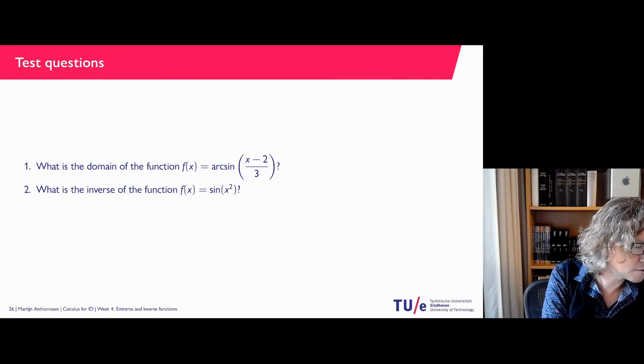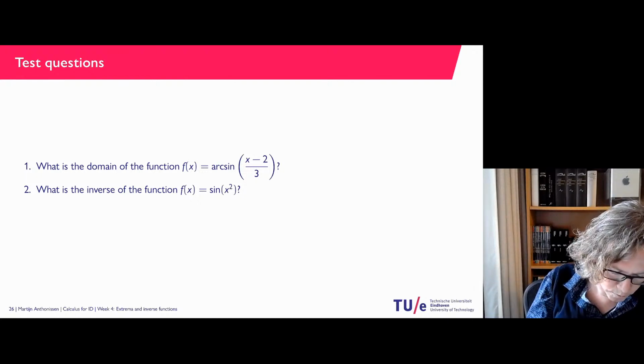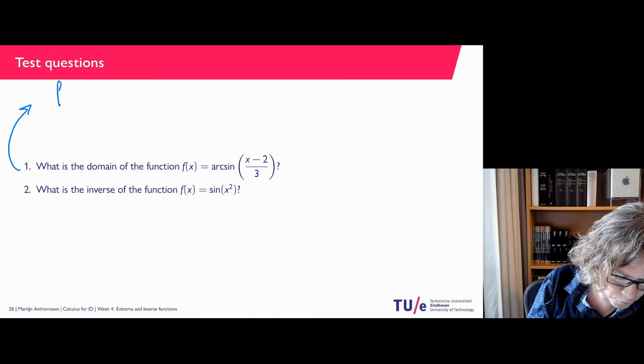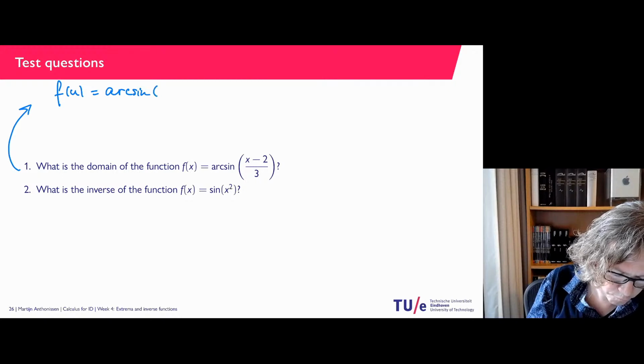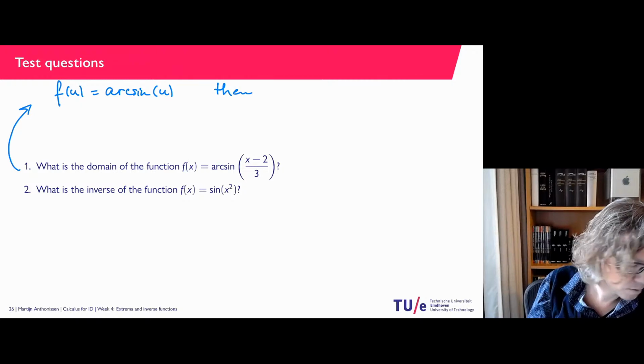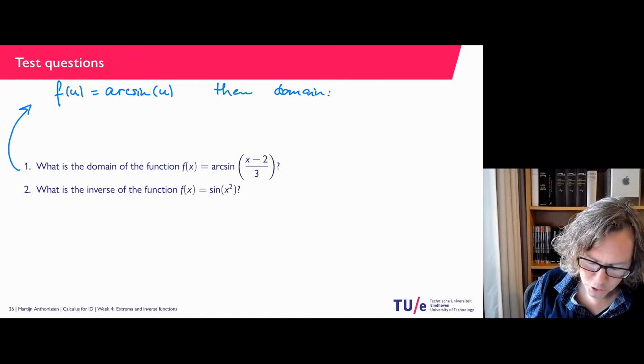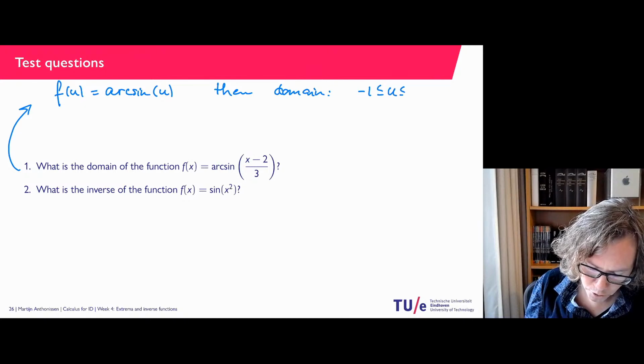To do that, you should recall, so let me write that here. If you have the function f of u equals arcsine of u, the domain is that -1 less or equal u less or equal 1.